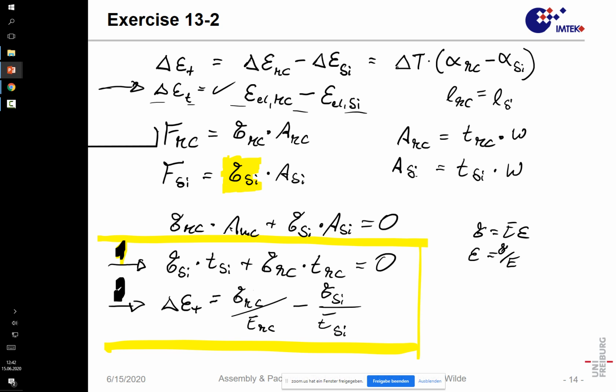So we have two equations with two unknown properties, and in that way we can modify the whole formula. So that is known, that is known, that should be known, that should be known, and that should be known.